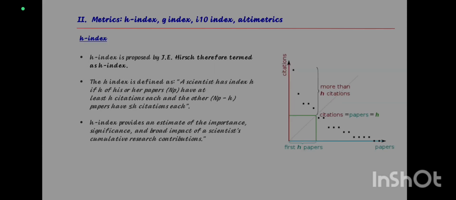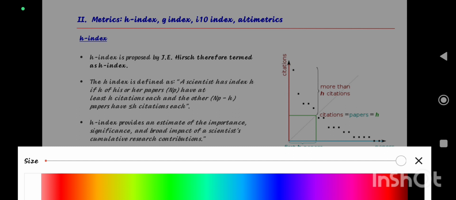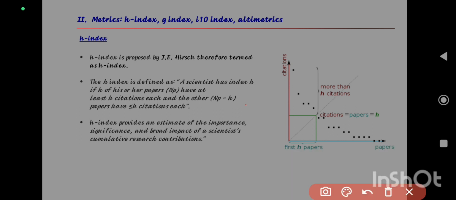So next we understand about the metrics H index, G index, I index, and altmetrics. So what is H index?